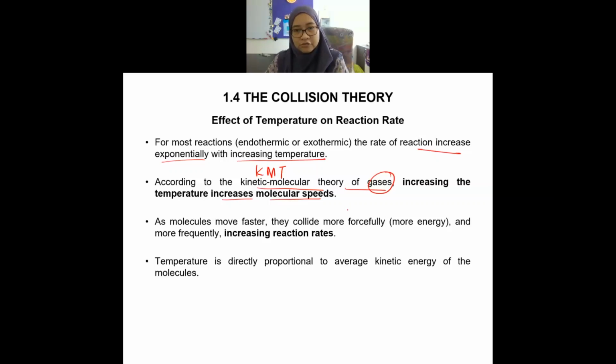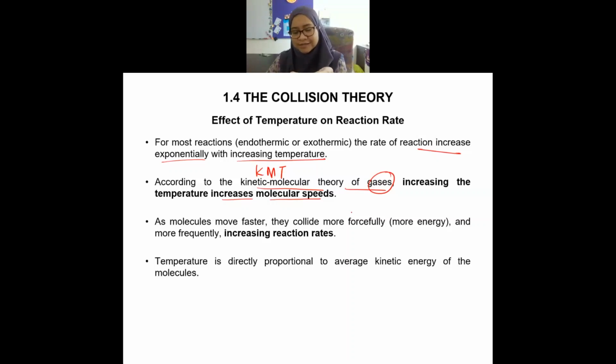This is so because, as I've mentioned to you before, when temperature is increased, we heat. Basically, how do we increase the temperature, guys? By heating the reaction.